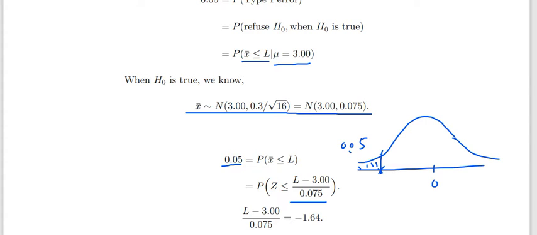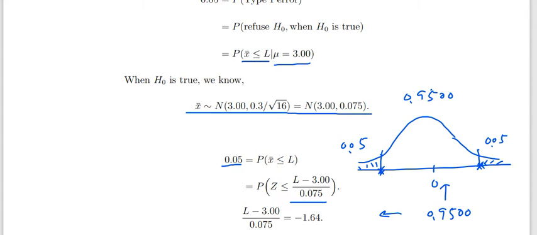First, we know this is a negative number, right? So we check this cut point. This part is 0.05, so we know the left side of this cut point is 0.05, and the right side is 0.9500, right?